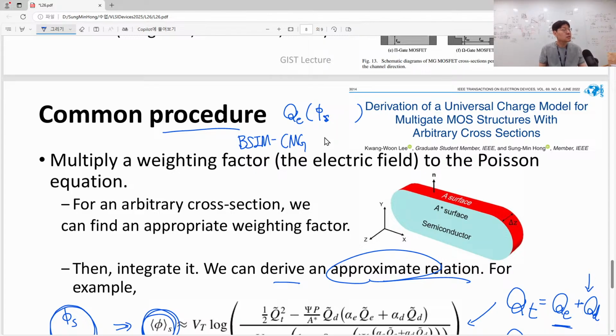Fortunately, it is known to us and already applied to the most representative compact models. That's the reason why, even though we nowadays have many different cross sections, by just changing the model parameters without changing the model itself, we can easily construct the charge versus gate voltage relationship for our structures.